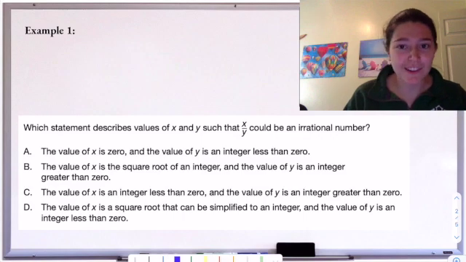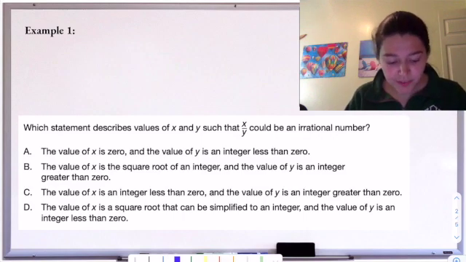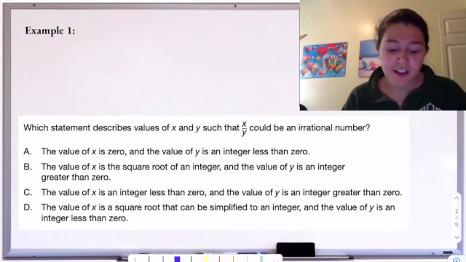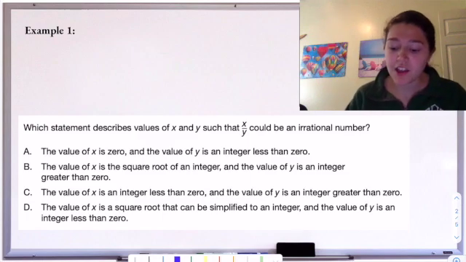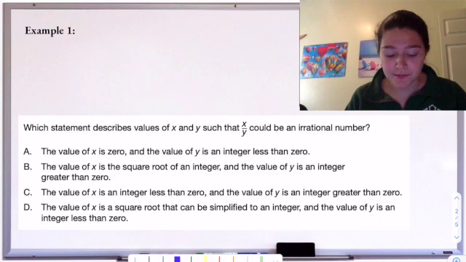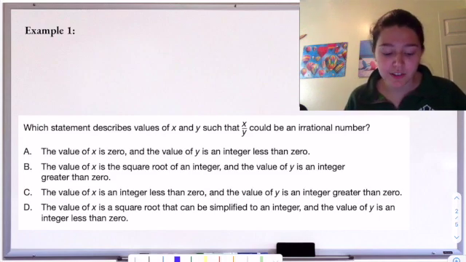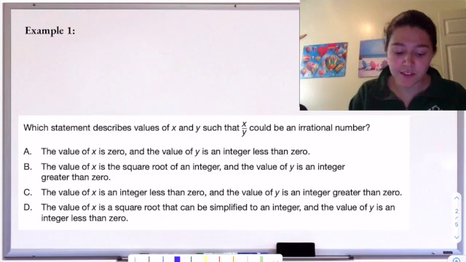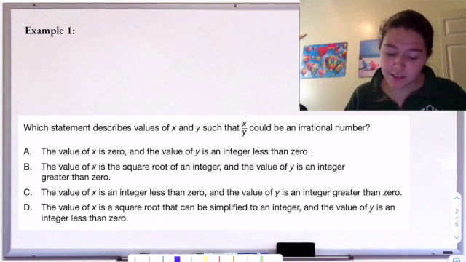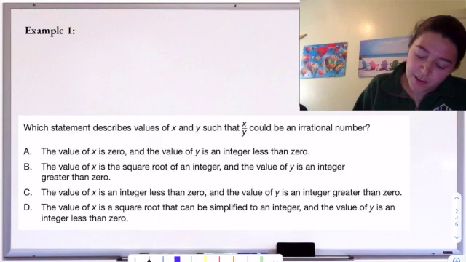So here's kind of a definition one that's interesting. We're asked which statement describes values of x and y such that x divided by y could be an irrational number. So we're just going to go through each of the 4 multiple choice options. The first one is the value of x is 0 and the value of y is an integer less than 0.